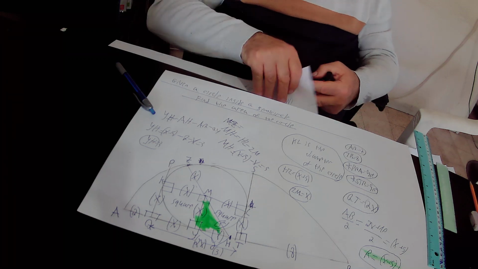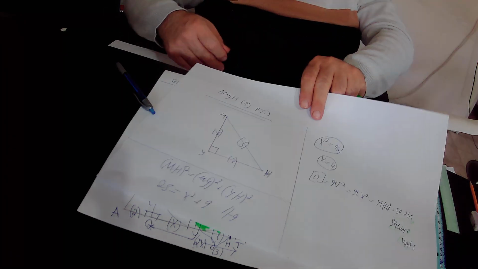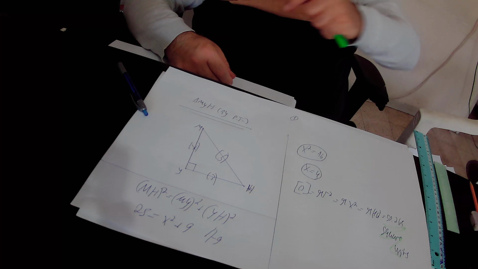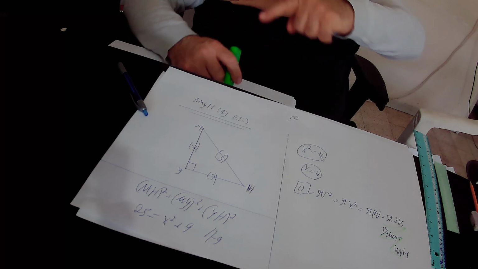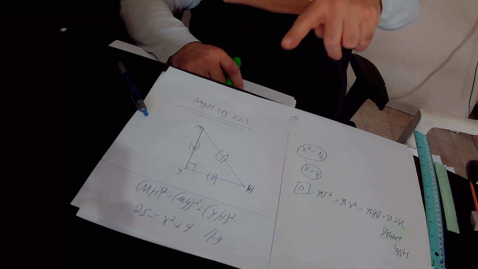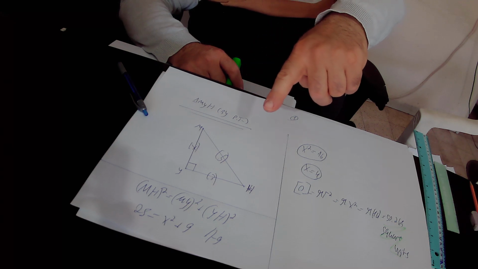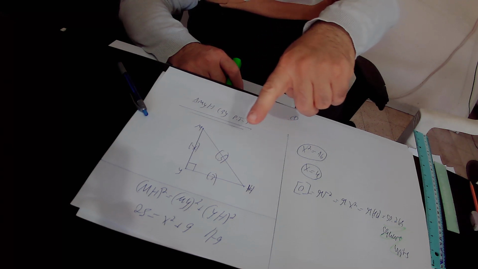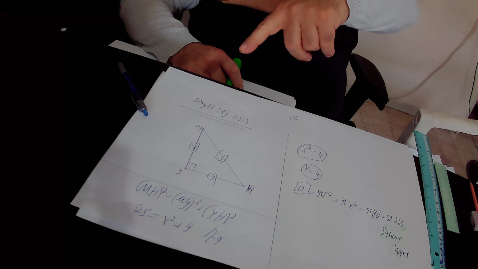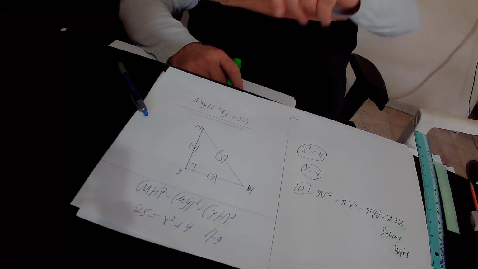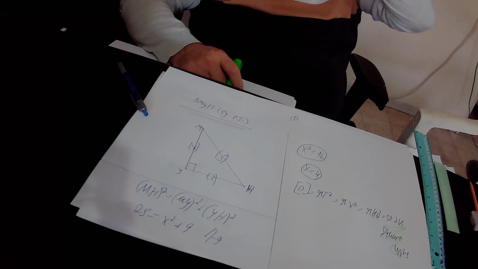So actually, this is the right green triangle MYH that I copied from the original drawing. The hypotenuse MH is 5. We already found that side YH equals 3, and side MY equals x, the radius of the circle.